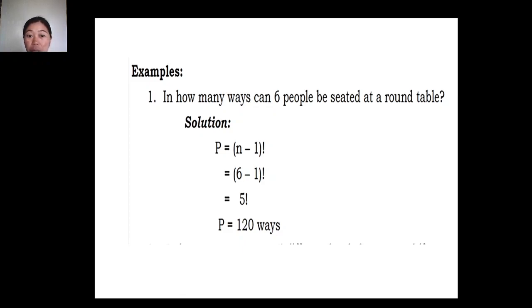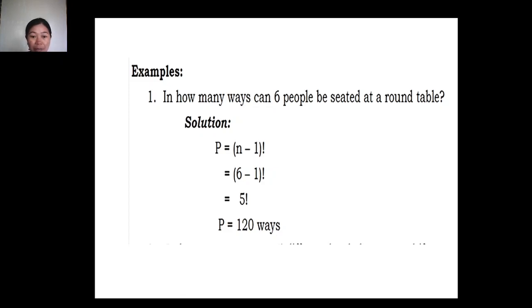Since 6 lang naman yung tao na uupo sa round table, and ang sabi sa formula is n minus 1, so we have P is equal to the quantity of 6 minus 1 factorial. So, 6 minus 1 is 5, therefore 5 factorial is 5 times 4 times 3 times 2 times 1. Hindi na lang sinulat dyan.